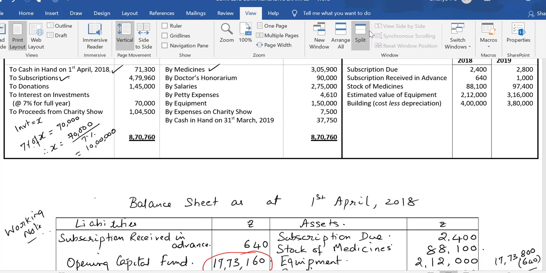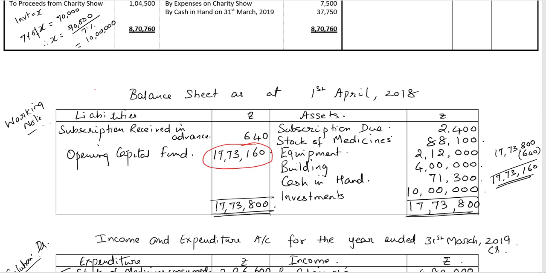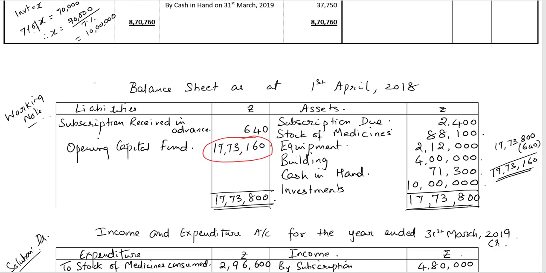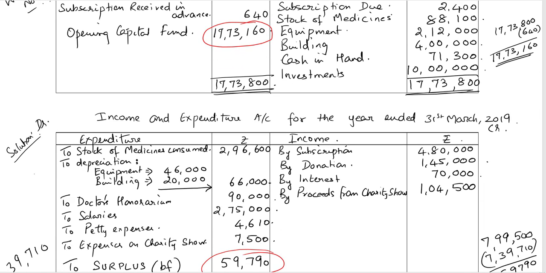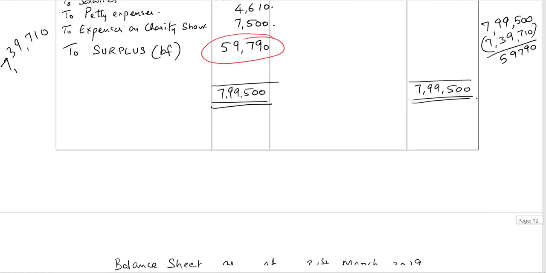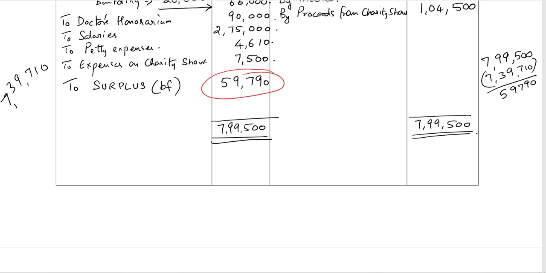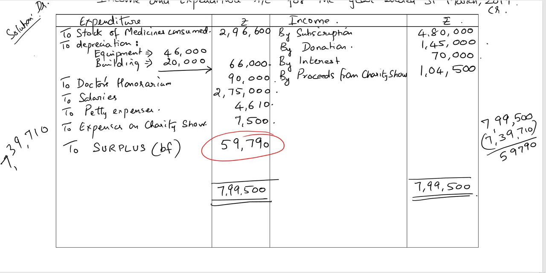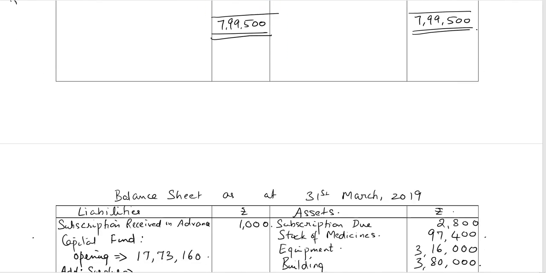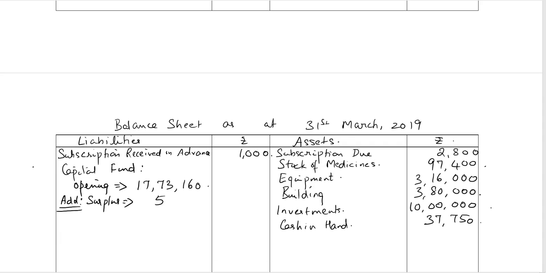We'll do that after removing the split. So the opening capital fund, ₹17,73,160. And the amount of surplus is 59,790 rupees.